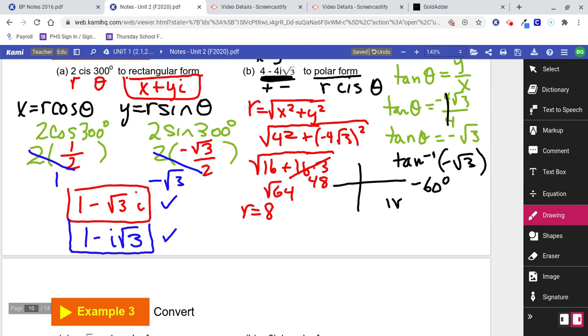Okay? So listen very carefully. You always go off the x-axis. So if you start at the x-axis and go 60 degrees right here, that is a 60-degree angle in the fourth quadrant. That's what my calculator told me to do.